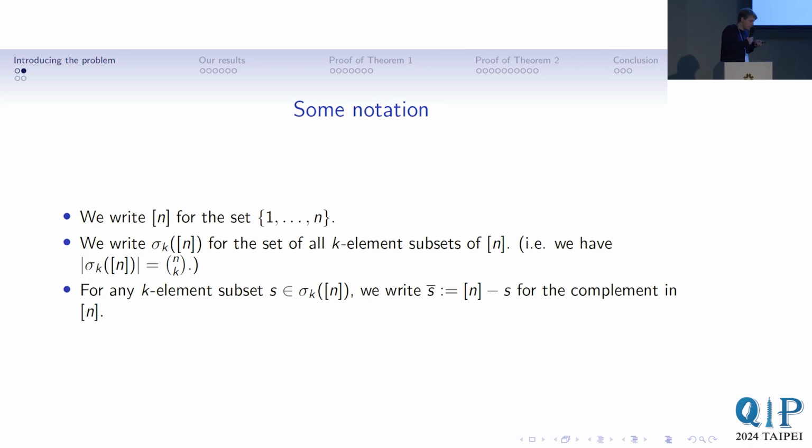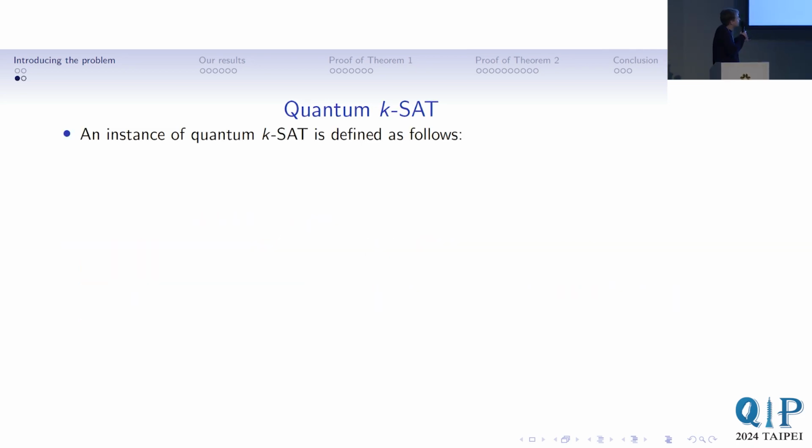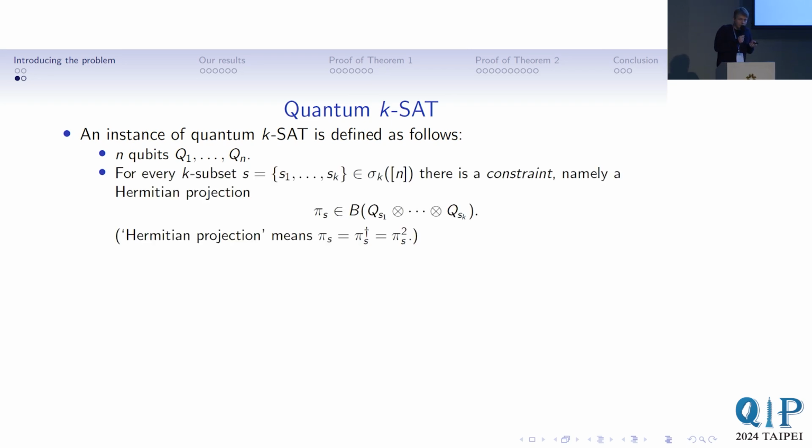And I'll just leap straight in and define what this problem of quantum k-SAT is. So you have n qubits, q1 to qn. And for every subset of k of the qubits, you have a constraint. So that's a Hermitian projection on those qubits.